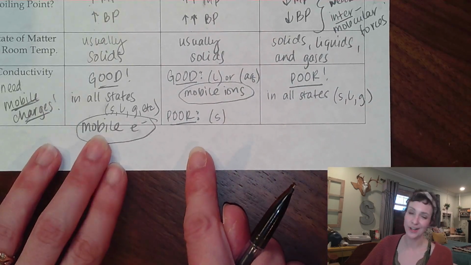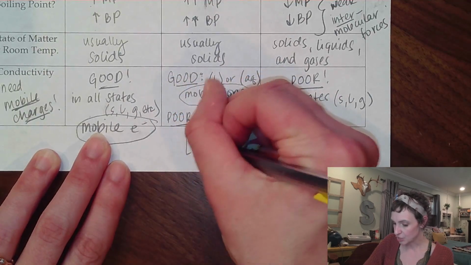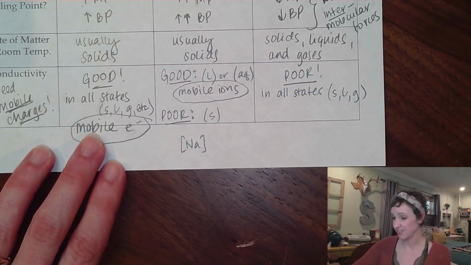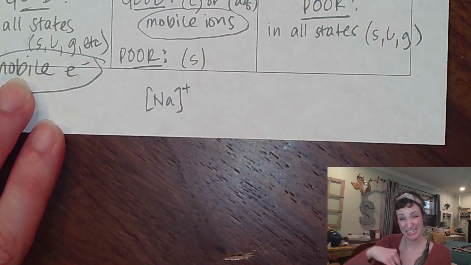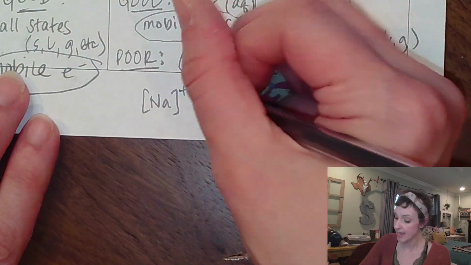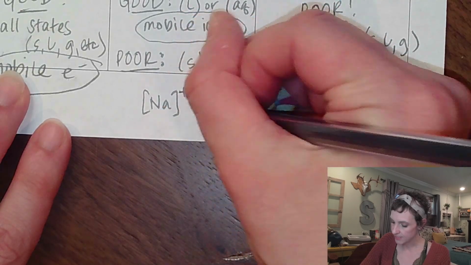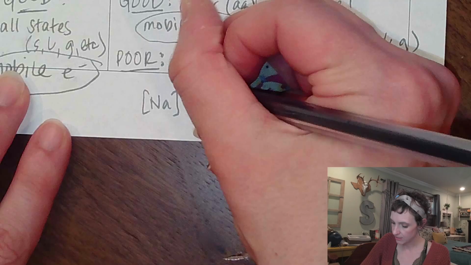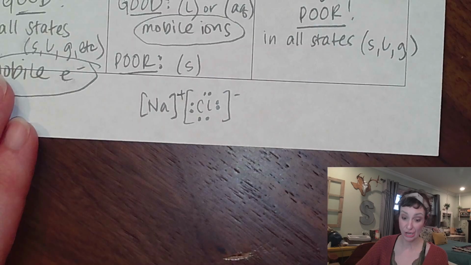So if I wanted to draw an electron dot structure for sodium chloride, remember, we're going to show what happens after that transfer of electrons. Sodium would have lost all of his electrons. He's transferred it over to the chlorine, and that means chlorine will have a full shell of 8. So that would be a dot structure for ionic compounds.